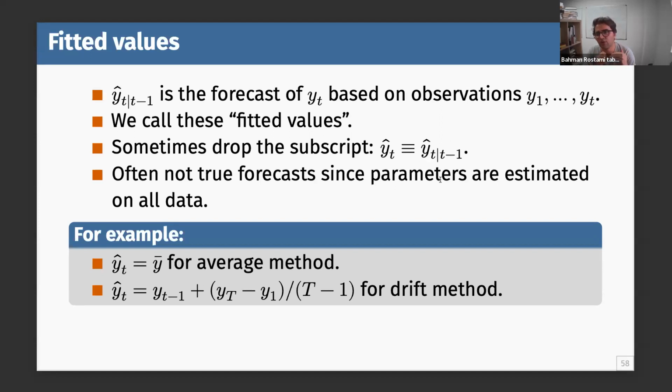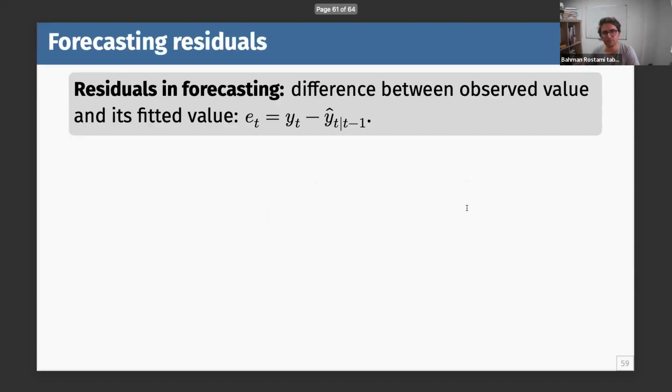We have an equation, we go to the beginning of the time series, and we forecast from the first observation, depending on the equation, for the next one. Then we go to the next period and produce the forecast for the next one based on the observations we have up to that point. So in each step, we produce a forecast for the next step. This is what we call fitted values.